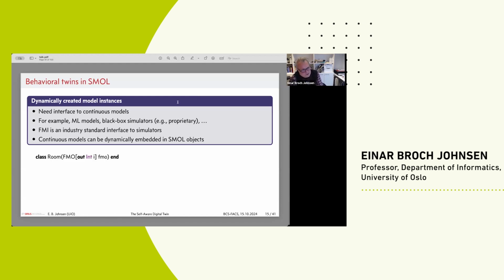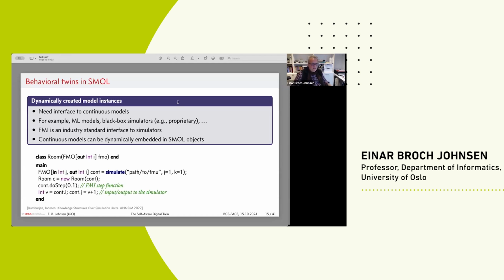So here's a small example. We have this class of rooms that we saw before. And basically now we can boot up a simulator for a particular room by providing a path, providing some initial parameters.